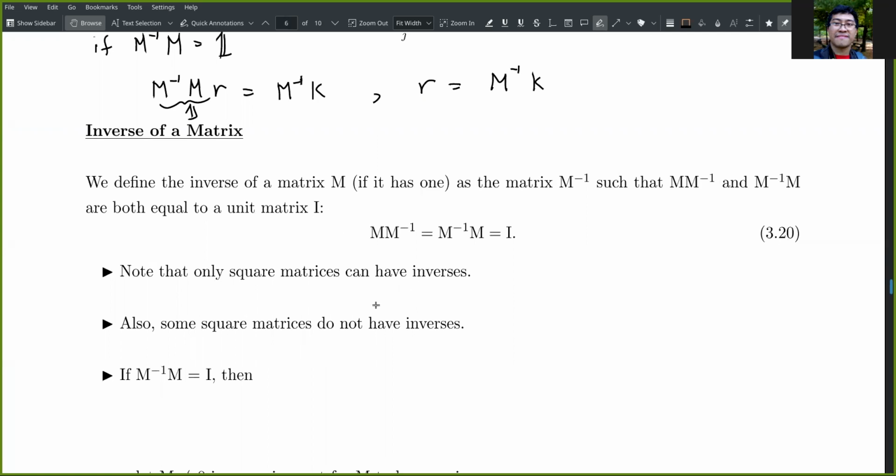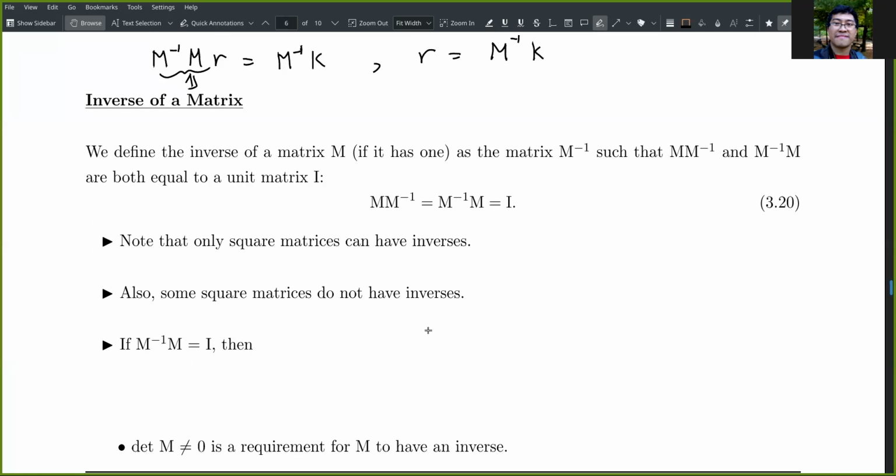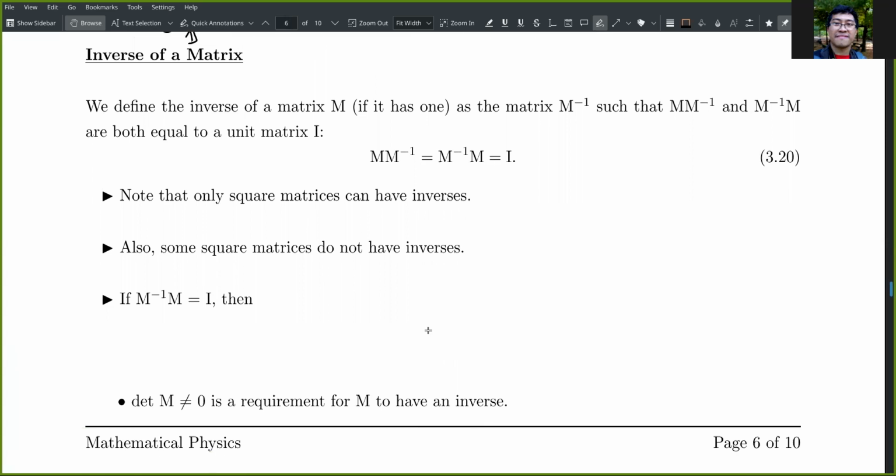Only square matrices have inverses. Also, some square matrices do not have inverses. It would be good to know the condition for a matrix to have an inverse.